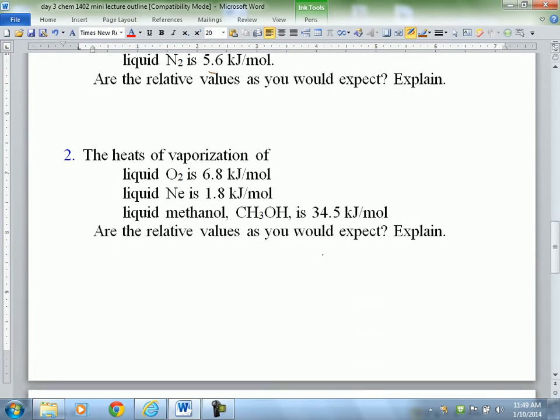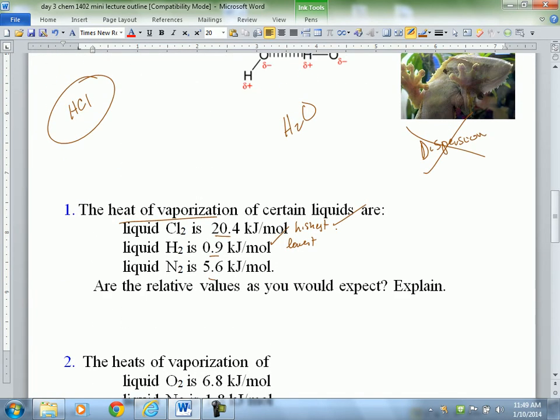The biggest molecular weight will have the biggest dispersion. So if it has the biggest dispersion, its intermolecular forces are the strongest, so it's going to be the toughest to boil, to turn from a liquid to a gas. Enthalpy of vaporization is just the energy needed to go from a liquid to a gas.